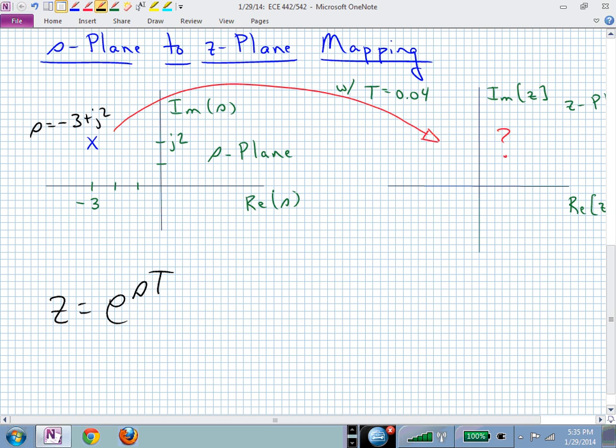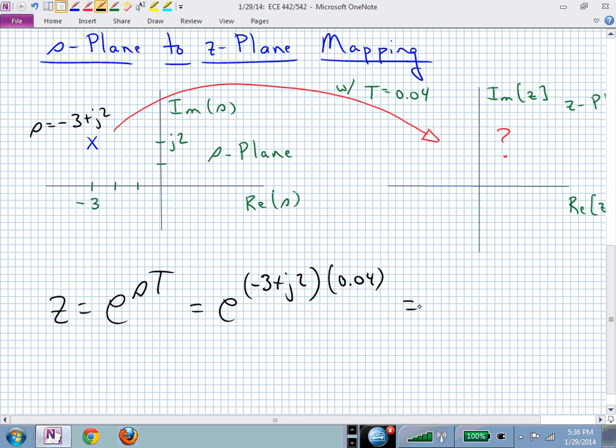Z, the complex variable Z associated with discrete time systems, is e to the sT, where s is this Laplace variable. We can now replace s with this specific complex number, minus 3 plus j2, which could correspond to a pole location in a transfer function, or to a pole location for a waveform. And T, the sample period, we said was 40 milliseconds, or 0.04.